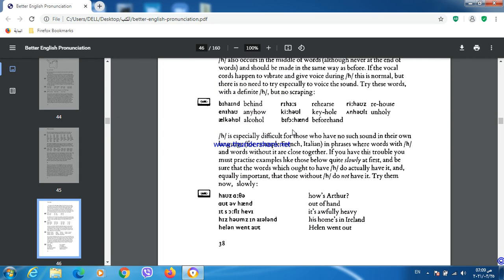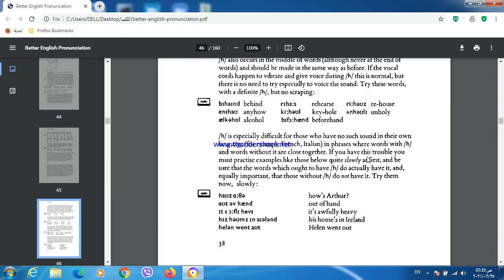It's especially difficult for those who have no such sound in their own languages, like the French and Italians. It is of course difficult for languages that do not have the h sound at all, but in phrases where words with h and words without it are close together, it will be hard for them to pronounce.